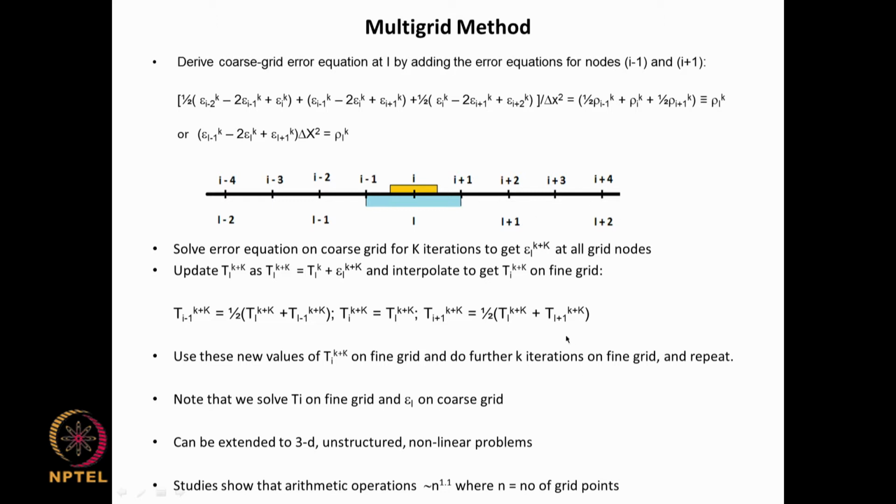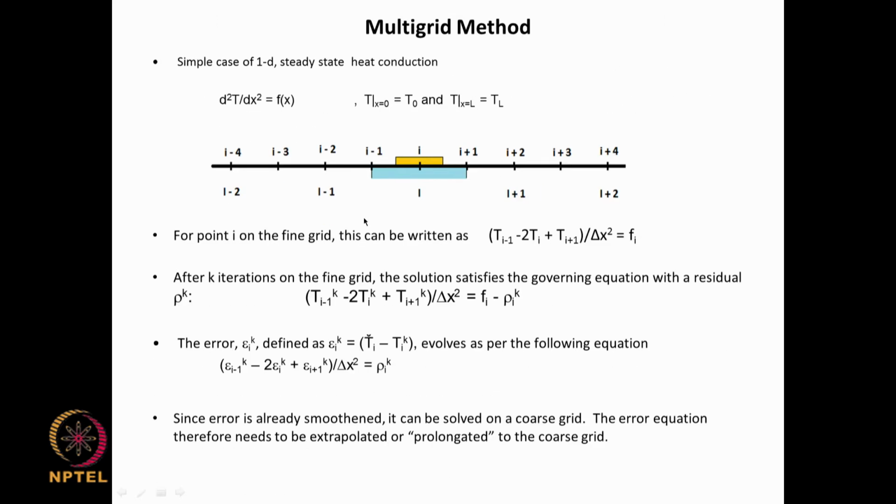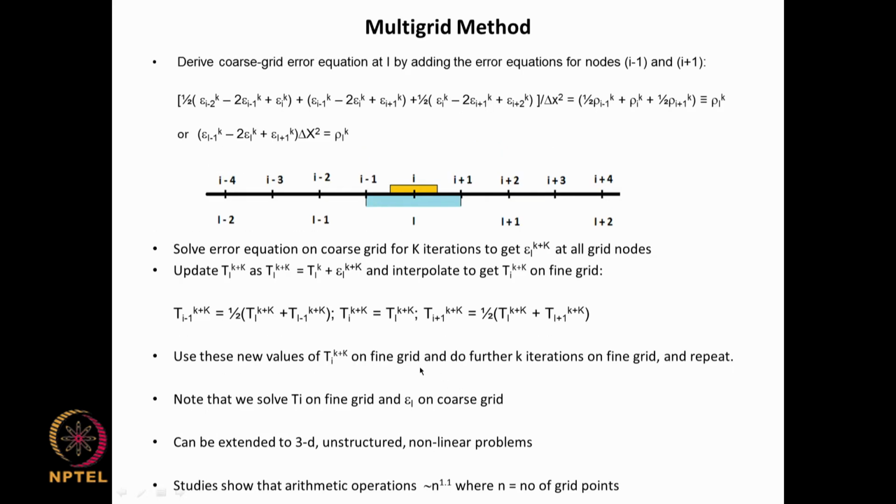Now, with this small t I k plus K as the initial guess, you solve this equation here for another small k number of iterations, and that will reduce the error further, and at the end of that you again calculate the residual and then prolongate these things to the coarse grid, and then you come back to the fine grid and reduce the error further. So, that is how you go forward. Okay.